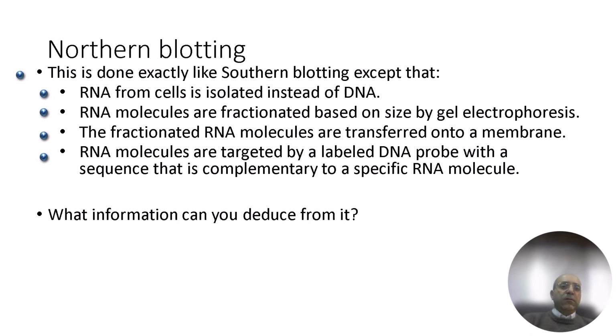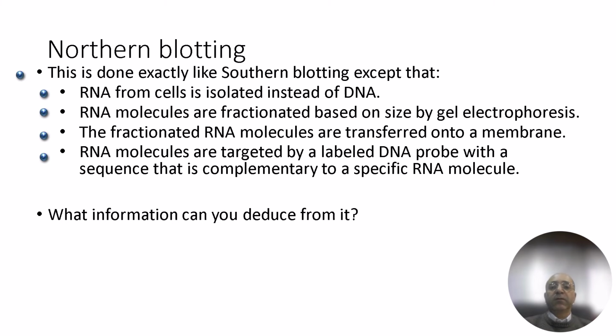So basically, this is done exactly the same way as southern blotting, except that instead of isolating DNA and analyzing DNA, here we're talking about isolation of RNA molecules and analyzing these molecules. Once isolated from samples, the RNA molecules are then fractionated.